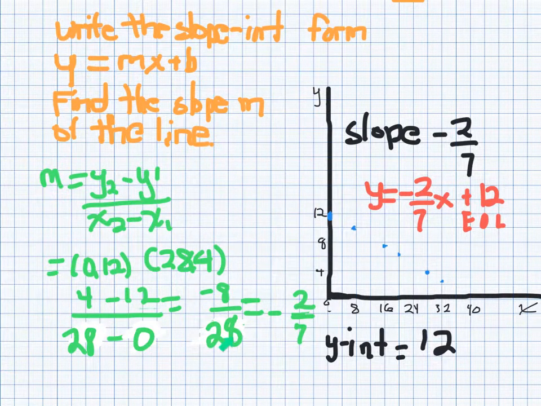That's -8 over 28. Negative 8 over 28 equals negative 2 over 7. When I plug into my equation of a line, I have y equals negative 2/7x plus 12. And this EOL here stands for equation of a line. My y-intercept was 12. That's where it crosses on that line.